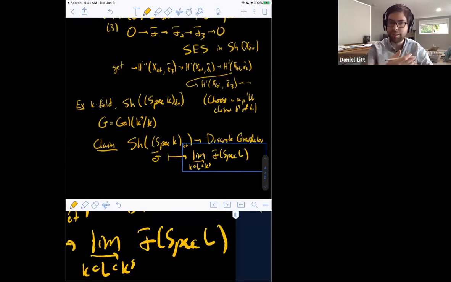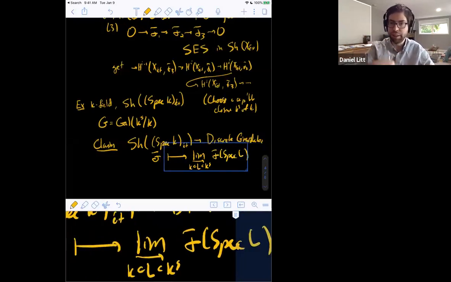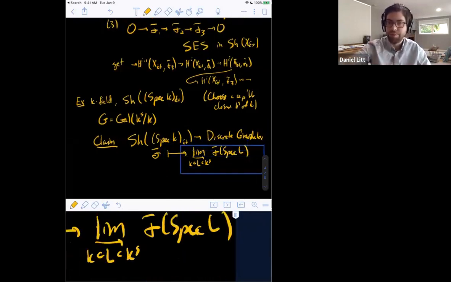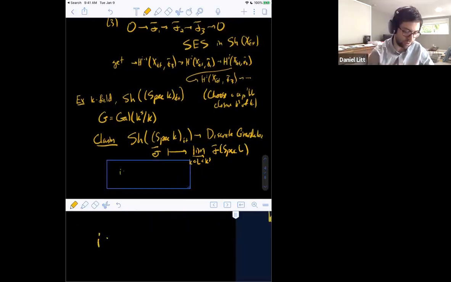That doesn't literally make sense, because the separable closure is not locally finitely presented as an extension of that field, so it's not actually in Spec K at all, but here we're taking the direct limit over all intermediate subfields. The claim is that this is a discrete G-module. That's because at each finite level you have a discrete G-module, so you should convince yourself of that, and then a direct limit of discrete G-modules is a discrete module. And the claim is that this is an equivalence of categories.